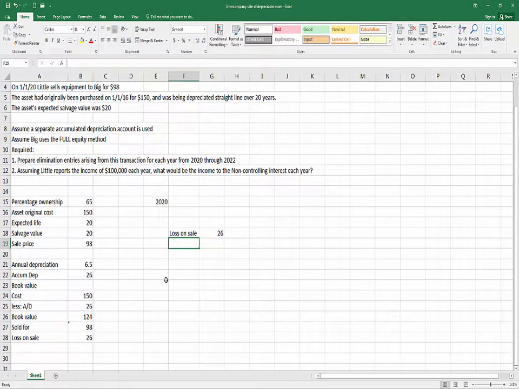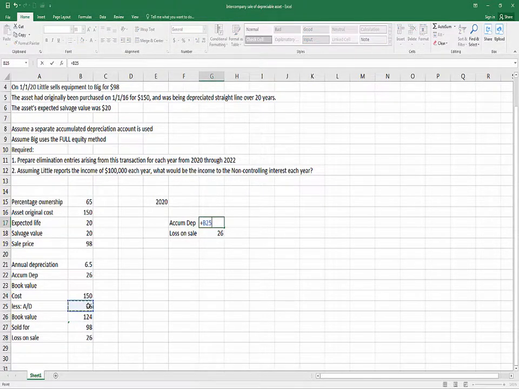Now, when the asset was sold, the seller, Little, would have removed their accumulated depreciation. We need to reinstate that accumulated depreciation. Accumulated depreciation is a credit balance account. They took it off the balance sheet when they sold the asset. We need to put it back on. So we've got $52 on the credit side. So that means that on the debit side, we must also have $52.